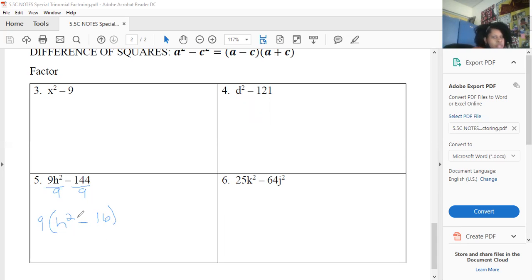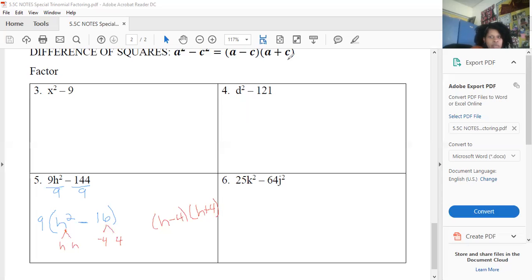So this part right here is what I'm going to break down for my perfect squares. This breaks down into H and H. This breaks down into negative 4 and positive 4. So when I write this, it's going to be H minus 4 times H plus 4.